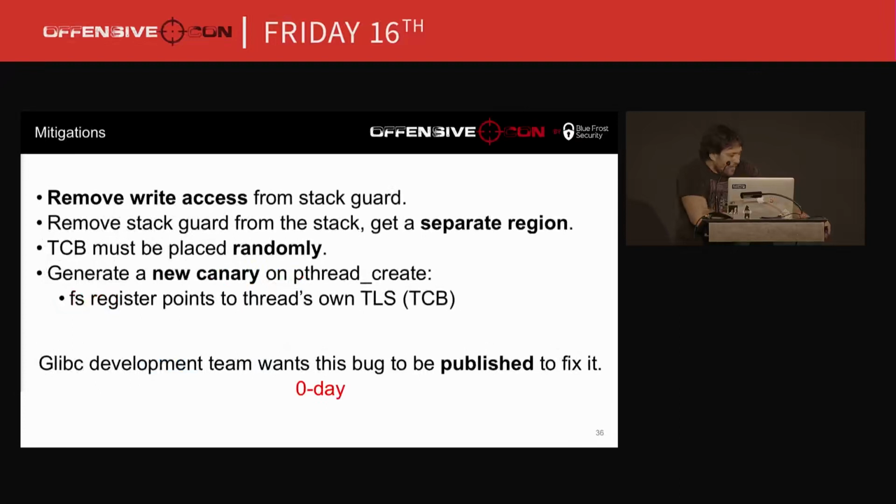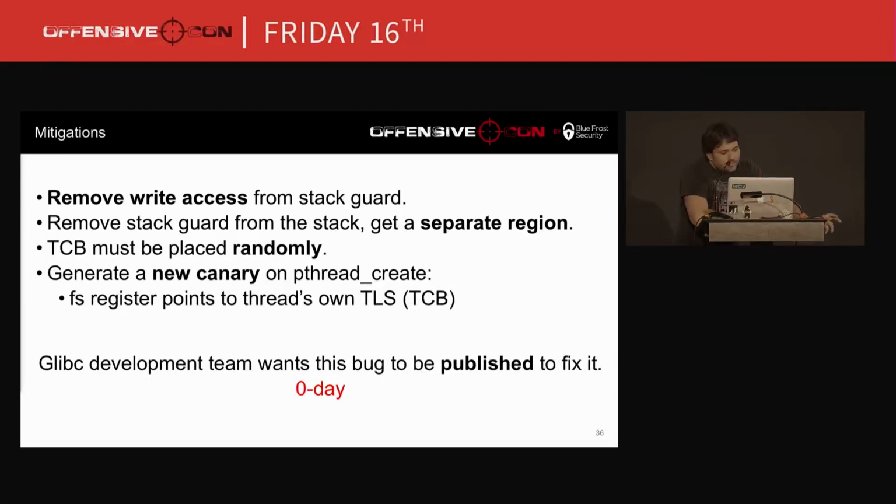How to fix it? First of all, we need to remove write access from the stack guard, because there's no good reason to rewrite the stack guard, right? Next, we need to move the stack guard to a separate region, somewhere out of the thread's stack, and this place should be random enough to not allow an attacker to find this address.